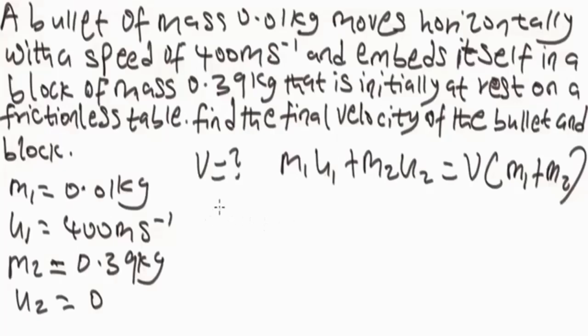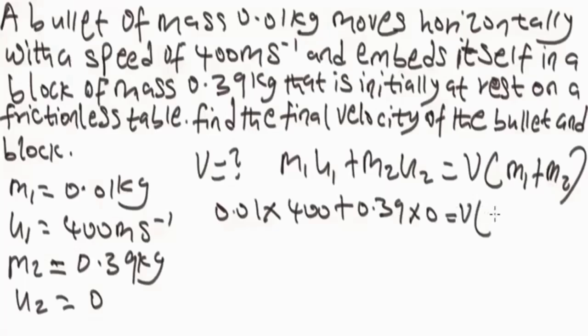We're going to have m1 is 0.01 times u1 is 400, plus m2 is 0.39 times 0, equals v in brackets 0.01 plus 0.39.